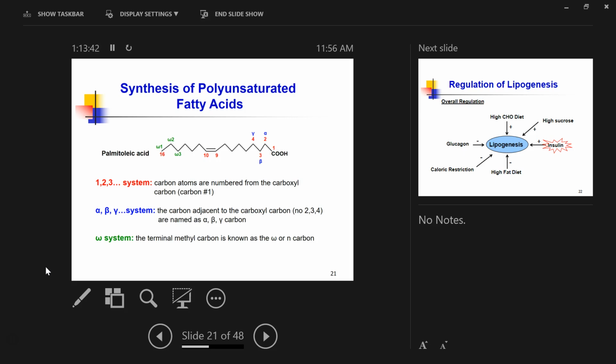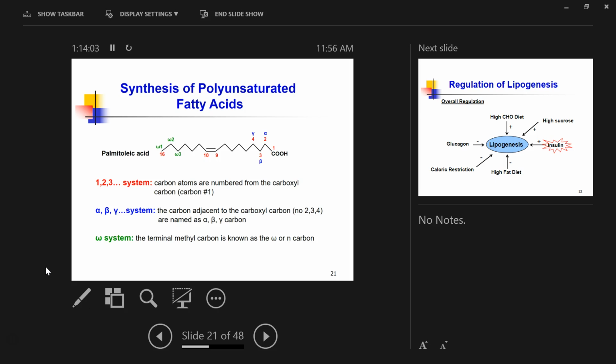So sometimes you hear about beta oxidation, fatty acid beta oxidation. We're going to talk about it later. Basically, because you break the fatty acids at the beta carbon position, we give it the name beta oxidation.